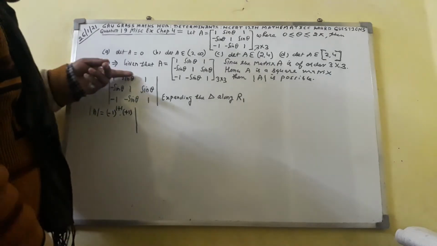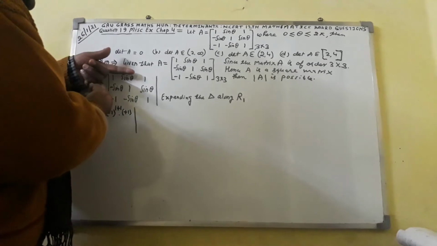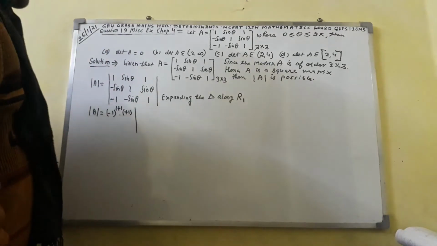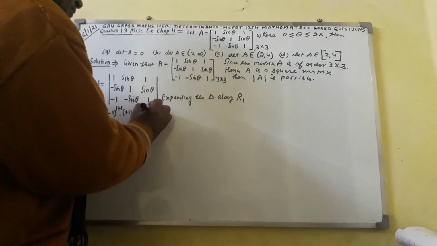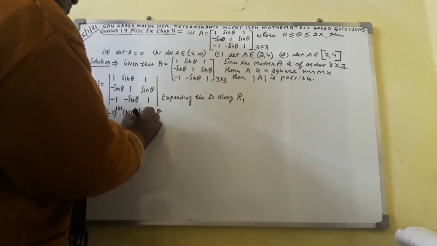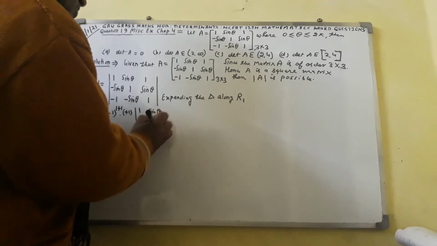Since 1 is there in first row and first column, the first row and first column will be hidden. We will get the minor of plus 1 as the determinant 1, sin theta; minus sin theta, 1.